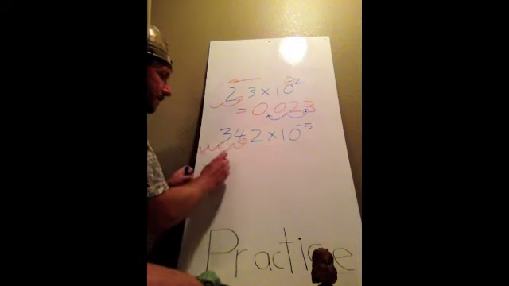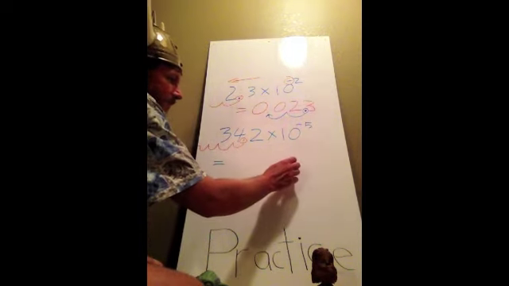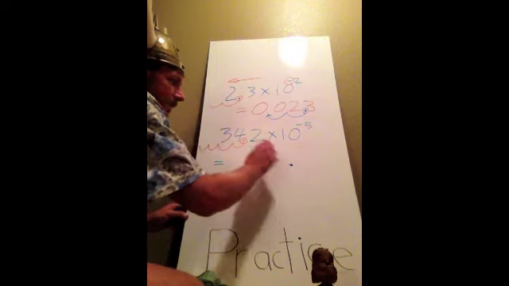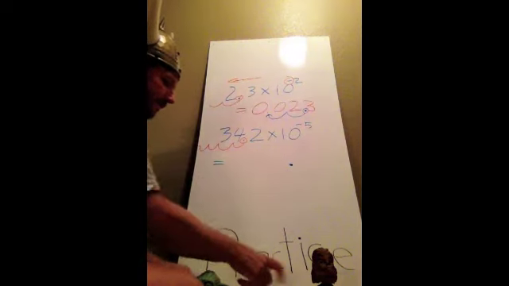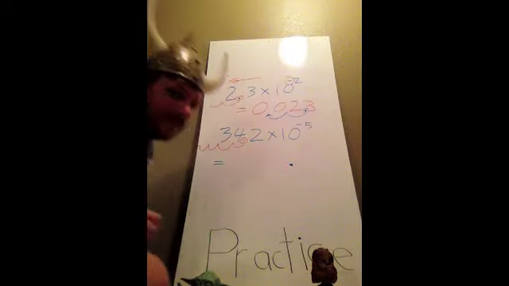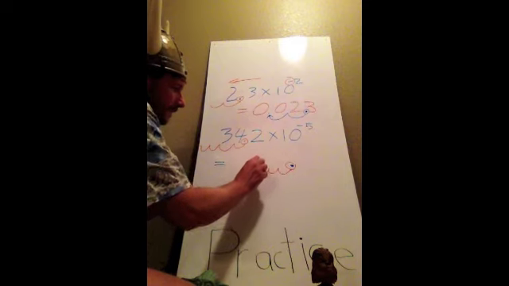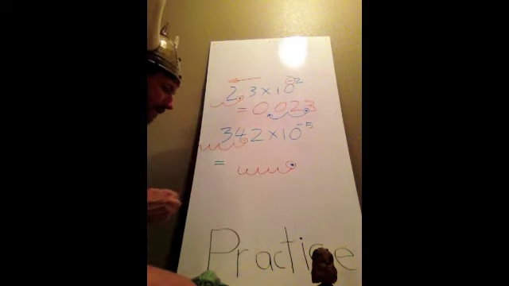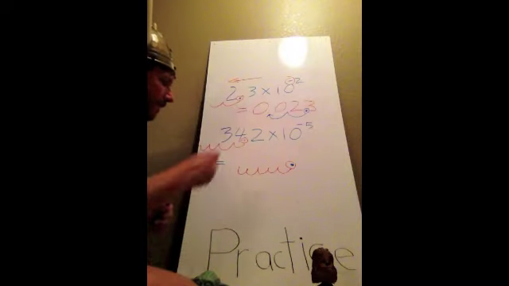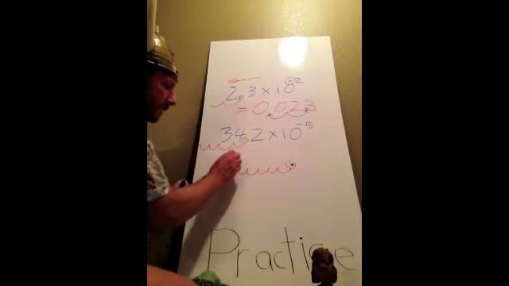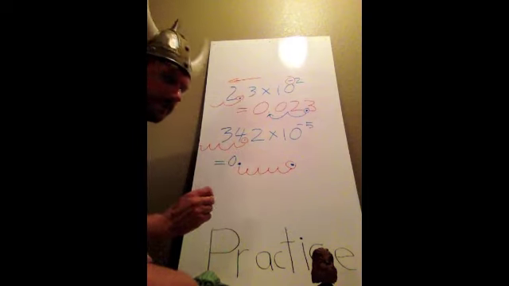So that equals, we're going to just move the decimal point over here. Pretend that number's not there. 1, 2, 3, 0. Need that placeholder.